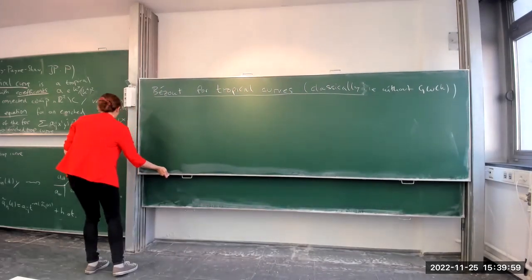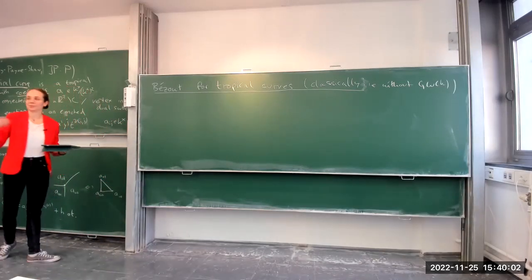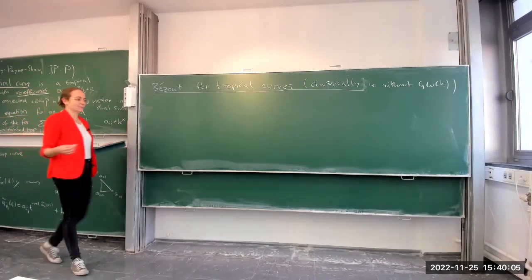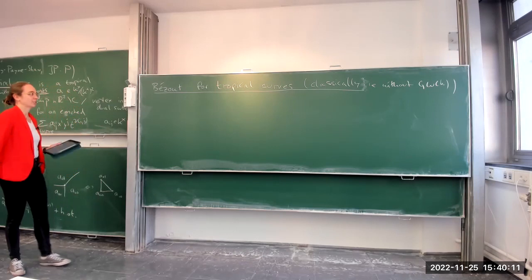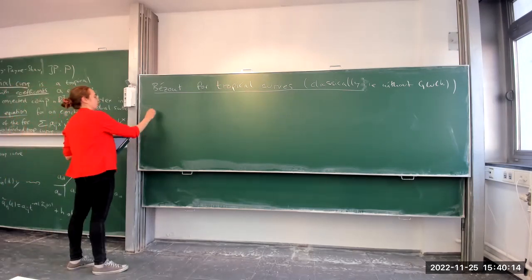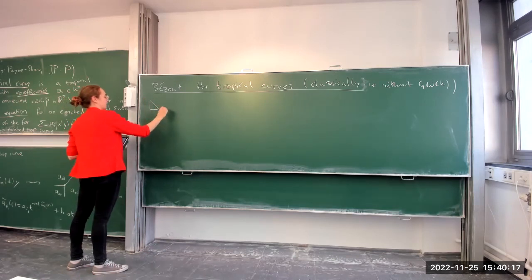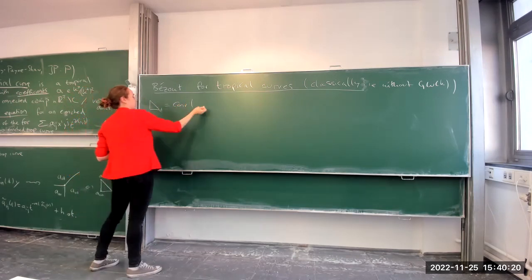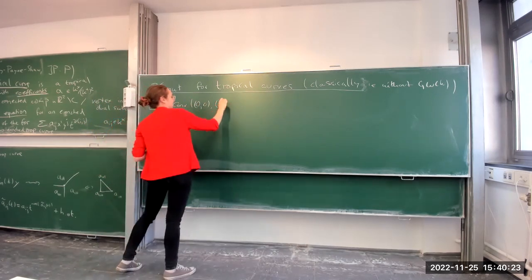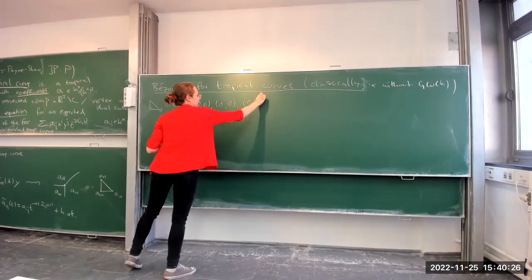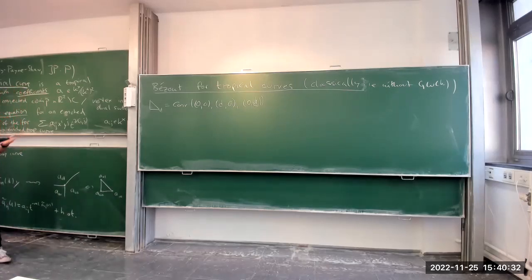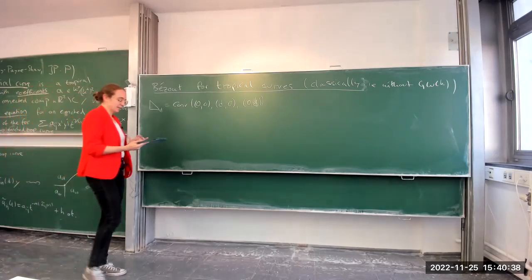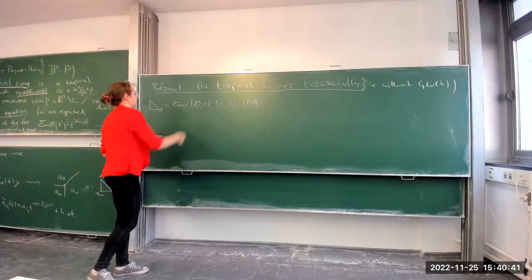One very nice and easy proof for Bezout's theorem of tropical curves: it tells me that the number of intersection points is the product of the degrees. Here I only consider tropical curves with Newton polytope delta d, which is the convex hull of these three points. Bezout's theorem tells me that the sum of intersection multiplicities is the product of the degrees.